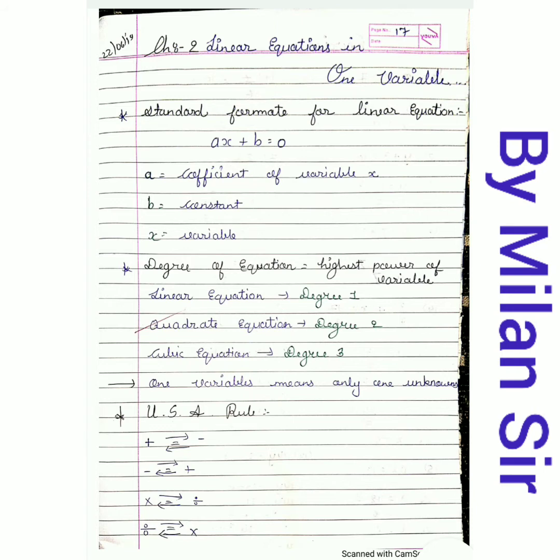Here one variable means we only use one variable in our linear equation. Only x is the variable in this standard form. That's why it is given as linear equations in one variable. That means in this chapter, whatever linear equations we get, we have only one variable.